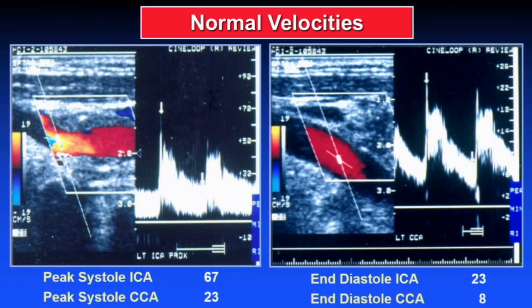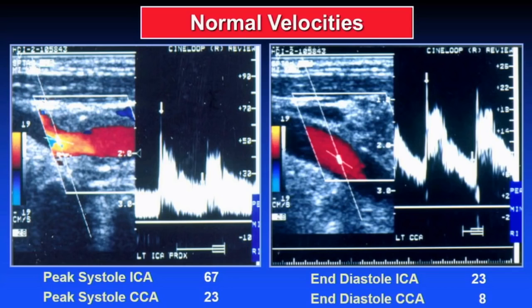Probably a more concerning issue would be this one. The systolic velocity of this internal carotid artery is 67, and the end diastolic velocity is 23. No matter what table you look at, you would say it would be less than 50% stenosis, less than 40% stenosis.